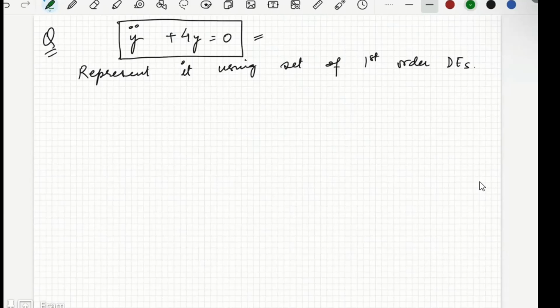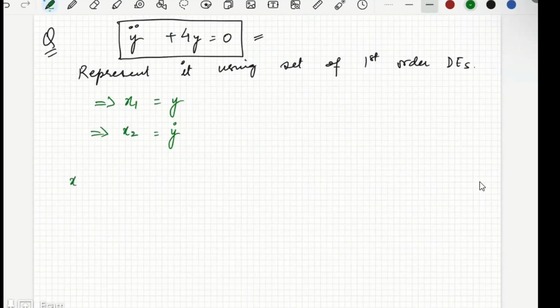So we take a variable x1 and say that this x1 equals to y. Then we set another variable x2, which is y dot. So we have two variables, y, which we have assigned as x1, and then y dot, which we have assigned as x2.